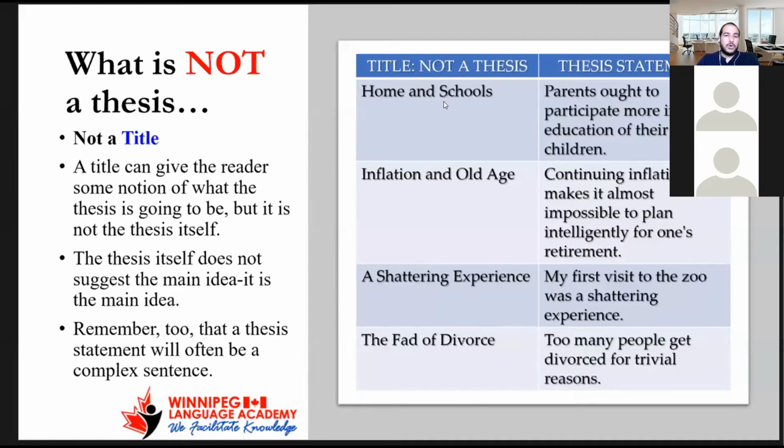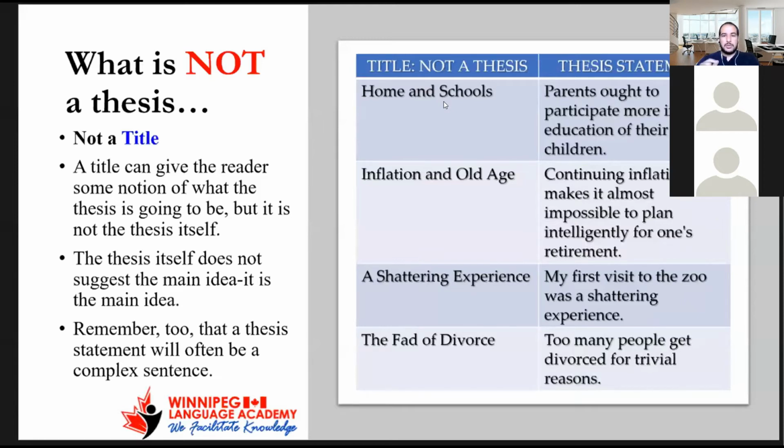So if I read the title home and schools, I would expect that I will read about the relation between home and school, or comparing the environment of home and the environment of school. Or I'll be writing about where children enjoy being more. Do they enjoy being at home more or at school? So this is a suggestion, okay? So a title suggests the topic, but the thesis is the topic that you will be writing about.